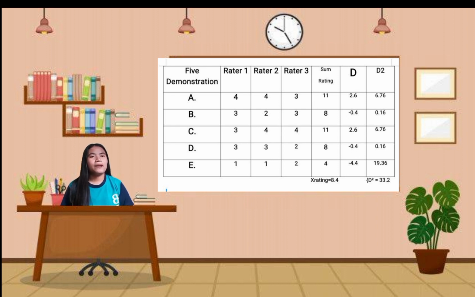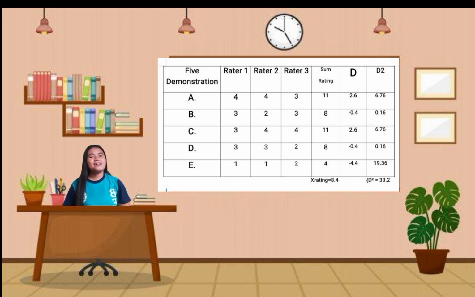So, 4 plus 4 plus 3 is equals to 11. 3 plus 2 plus 3 is equals to 8. 3 plus 4 plus 4 is equals to 11. 3 plus 3 plus 2 is equals to 8. 1 plus 1 plus 2 is equals to 4.